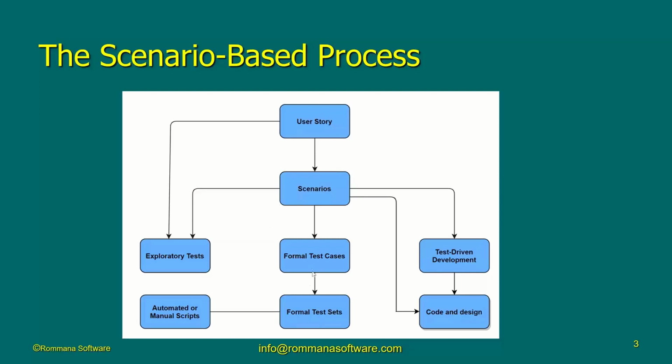In the middle here and on the left, the scenarios will go to the test team to write their formal test cases, and then they will group those test cases into test sets and write their scripts, whether manual or automated, for those test sets.